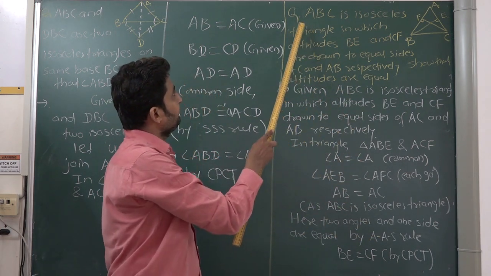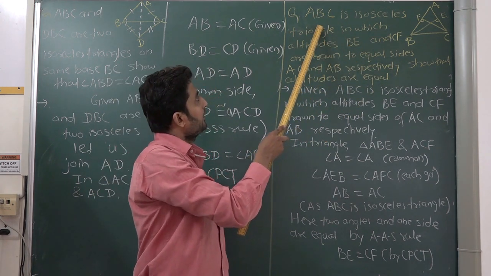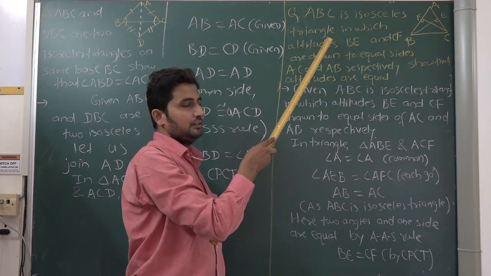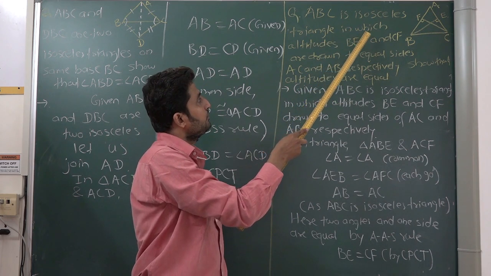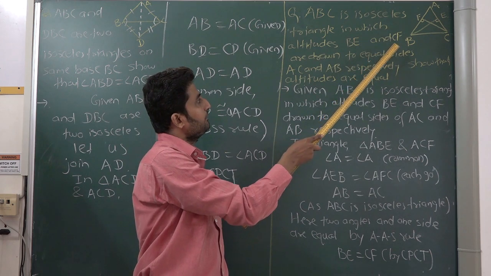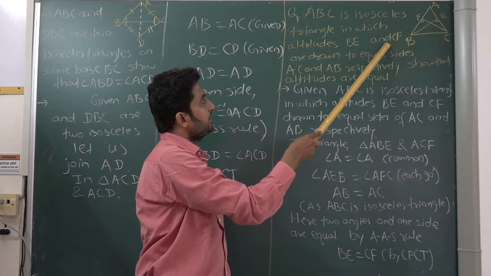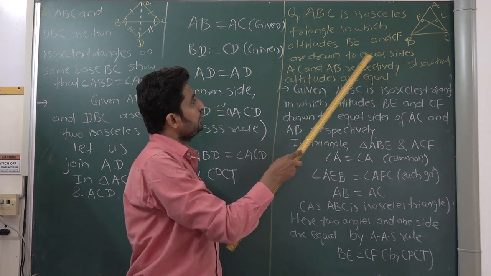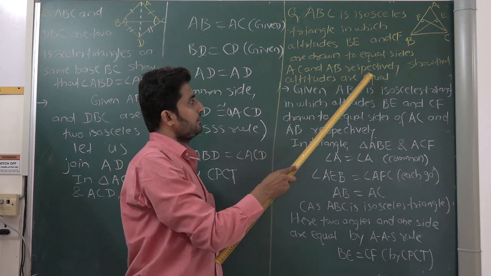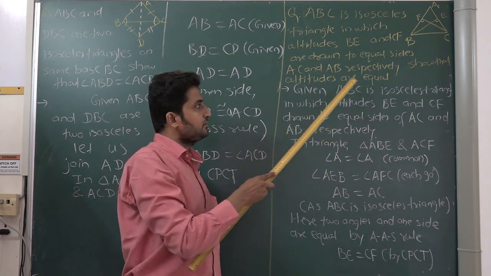So here, dear students, one question is there. In this triangle ABC, which is an isosceles triangle, altitudes BE and CF are given, which are drawn to equal sides AC and AB respectively, and we have to show that the altitudes are equal.